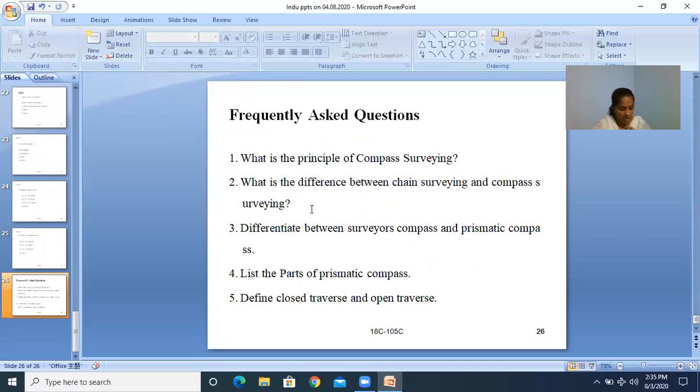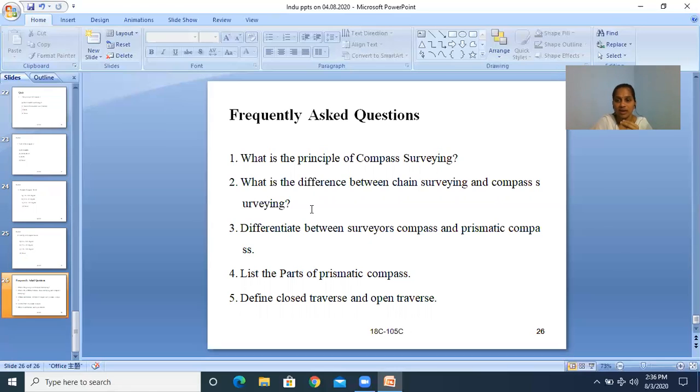Okay, then I can stop my lecture here. Briefly, again, I can conclude on the prismatic compass. There are 2 types of compass: one is the prismatic compass and the second is the surveyor's compass. We are using the prismatic compass, and this can give the angles or bearings from 0 to 360 degrees. That is the prismatic compass. Why are we using the compass?